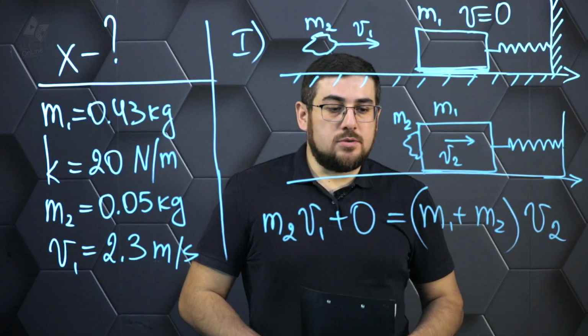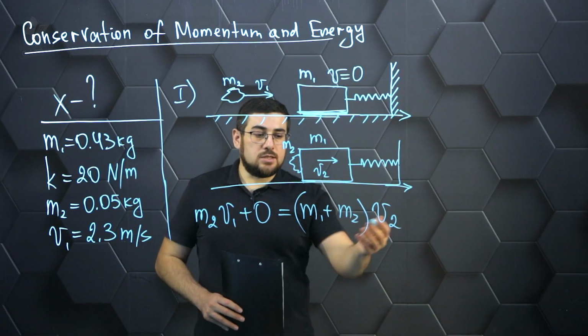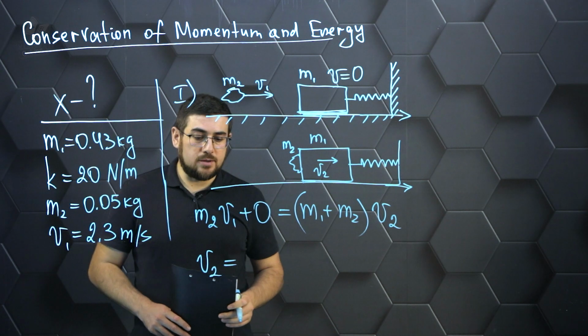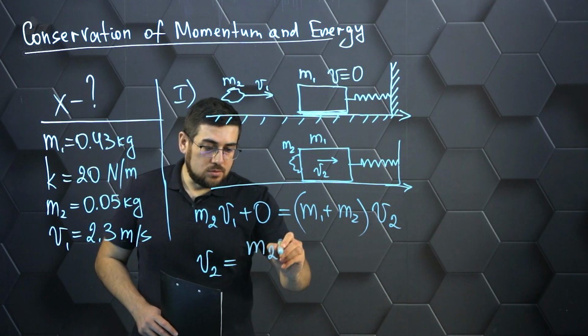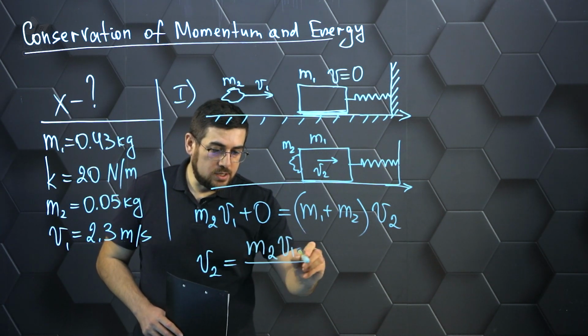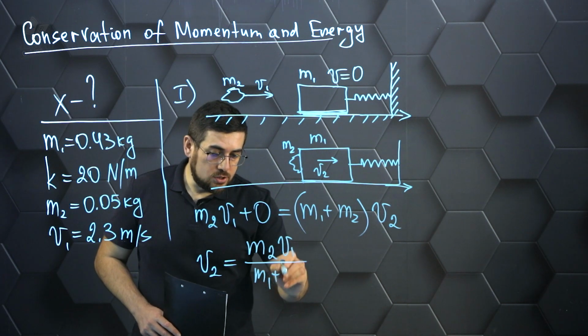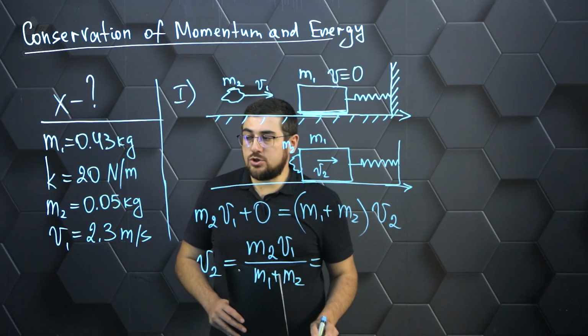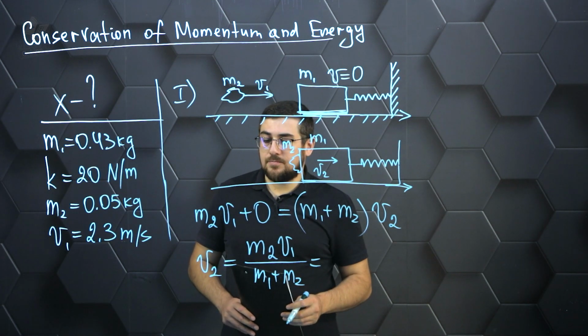From this equation, we can see that the only unknown quantity here is v2, which is the velocity of this system after the impact. So by doing some simple calculations, we get a value for this velocity based on this formula. Let's put the value in and see what that equals.